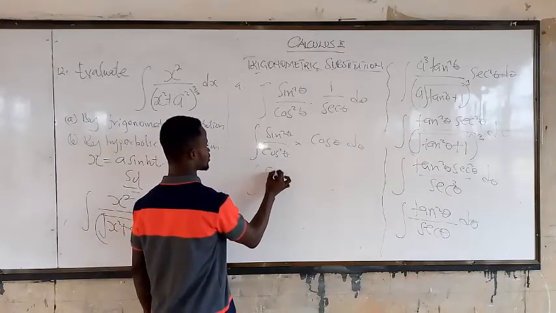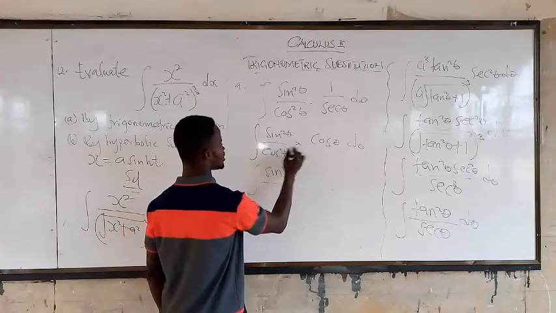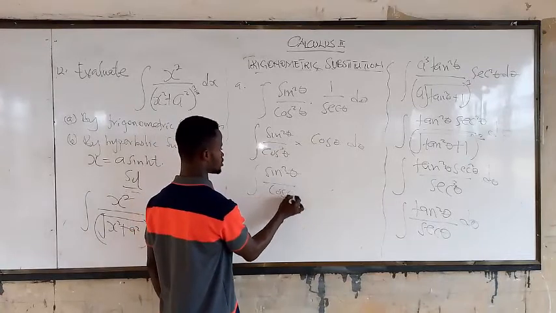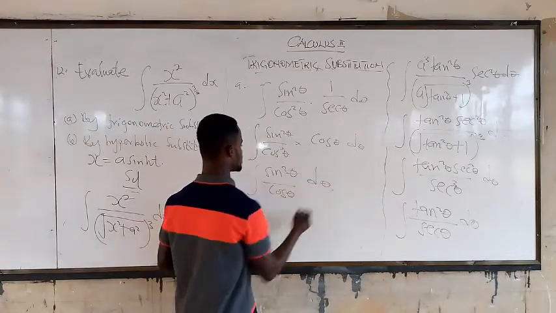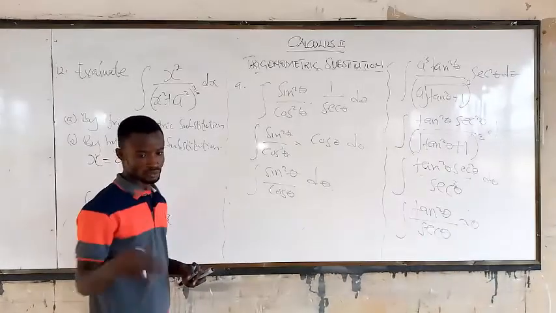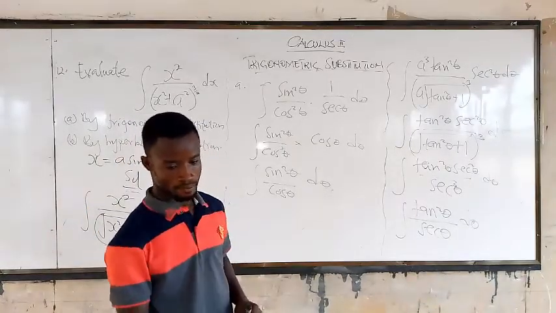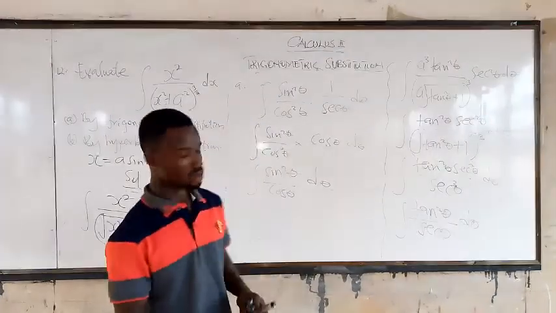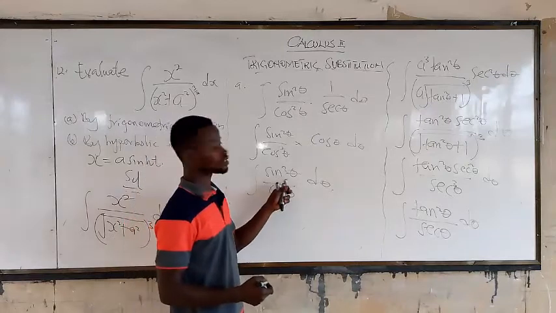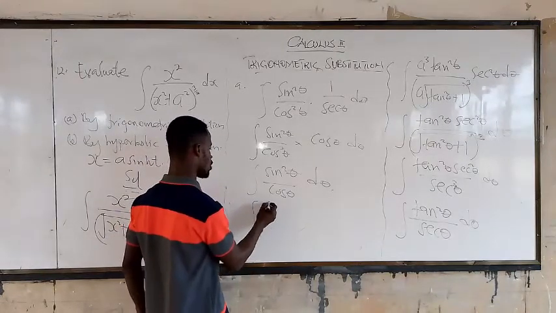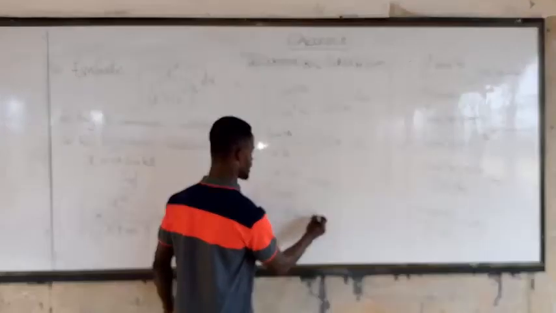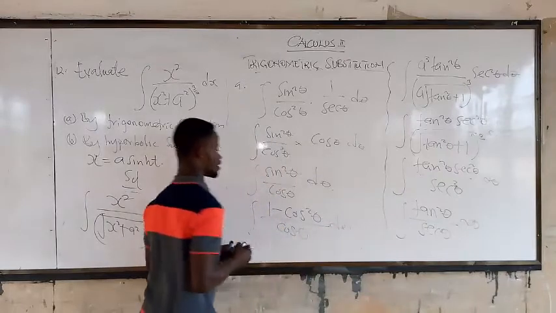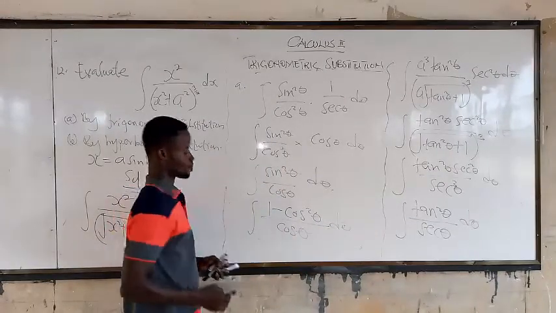And you get sin squared theta over cos theta d theta, since this cancels one of these. From the Pythagorean identity, we can write the integral of 1 minus cos squared theta, all over cos theta d theta.